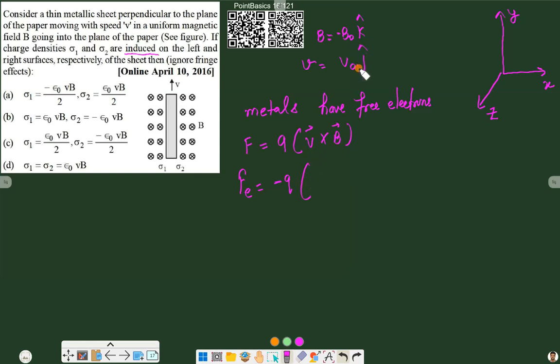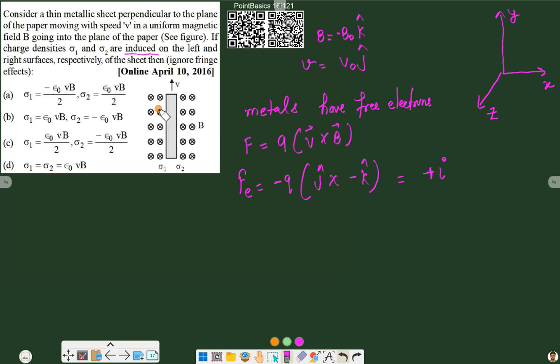So the direction of velocity is j, and the direction of the magnetic field is minus k. Now j cross k is i, so we will have negative i here, and this negative and negative will give us positive i. So the direction of force will be positive.